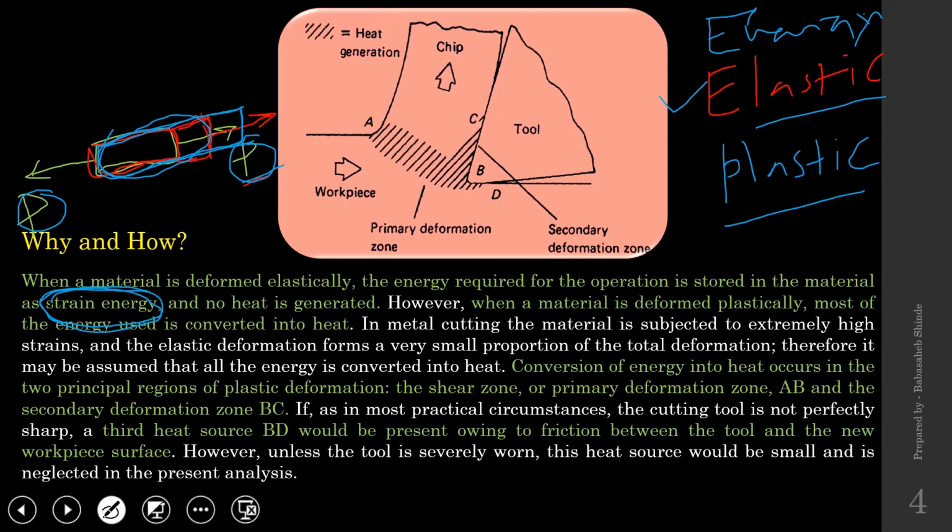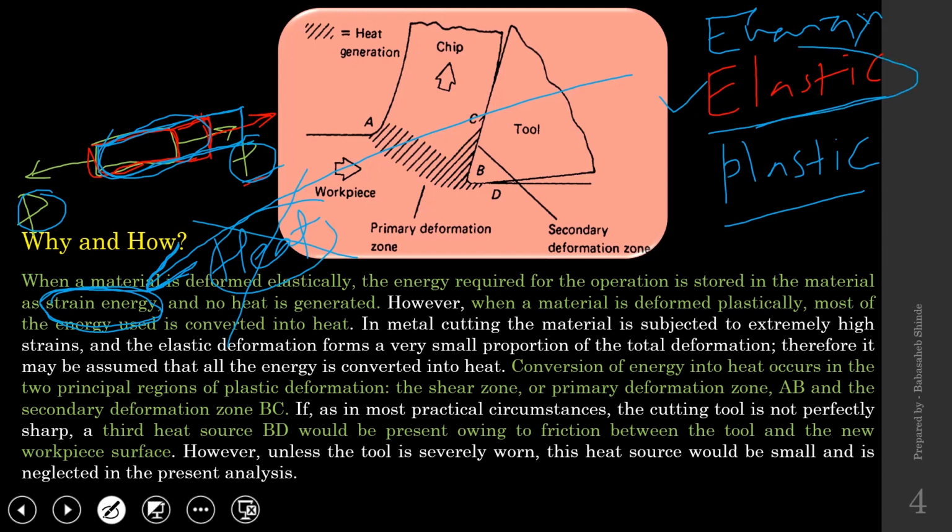And as all the energy is stored in the material in the form of strain energy, there will not be generation of any heat when there is an elastic deformation. Okay, now reverse to that, whenever there is a plastic deformation.